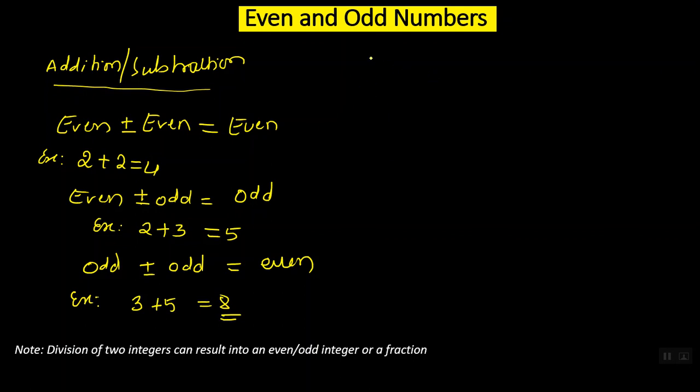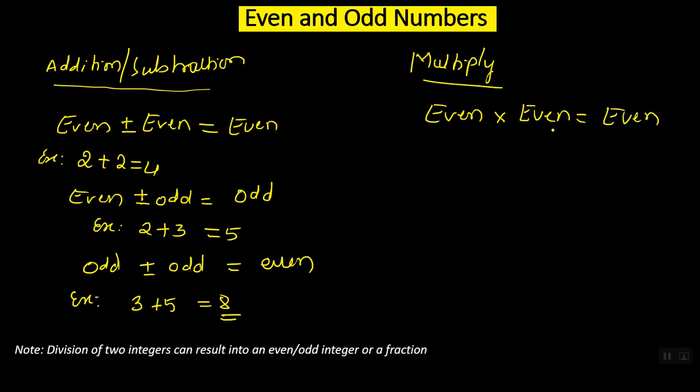Now let's see about multiplication. Let's see what happens when you multiply. An even number multiplied with another even number, your result is even. Example, 2 times 2 gives me 4.